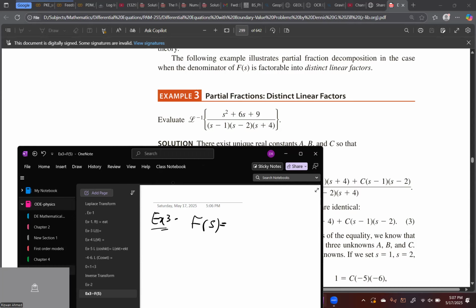F of s is equal to (s squared plus 6s plus 9) over (s minus 1)(s minus 2)(s plus 4).